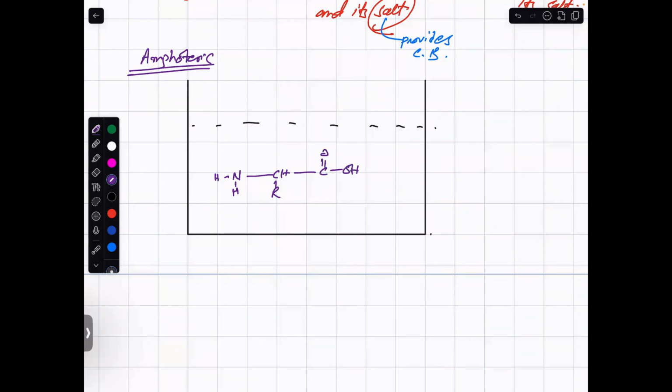You know, an amino acid contains an amino group as well as an acid group. This amino can accept and this can donate H plus. It has a lone pair, it can accept H plus, making a dative bond.